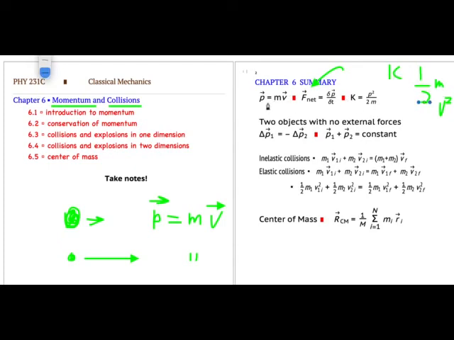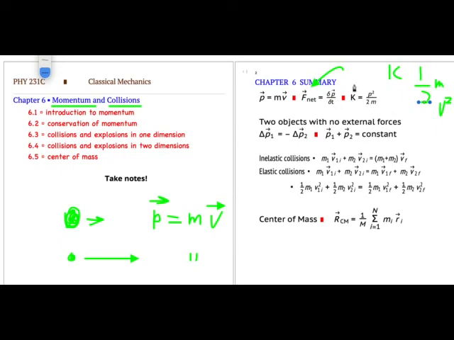Well, velocity is momentum divided by m. Velocity squared will be momentum squared divided by m squared. So I have m over m squared, that's 1 over m, and I have a 1/2, so p squared over 2m.